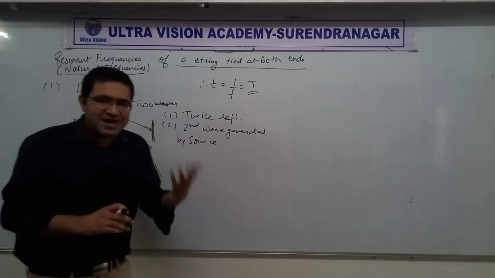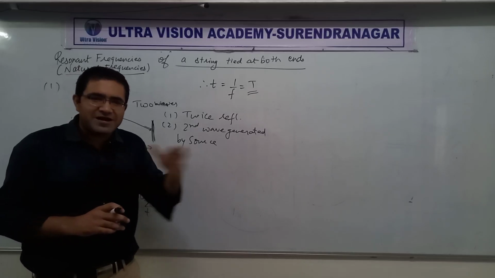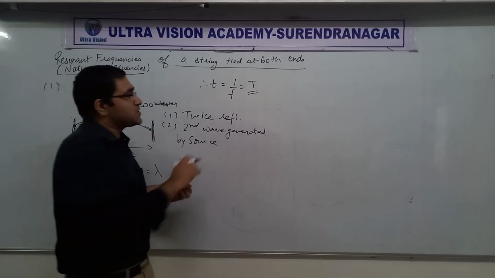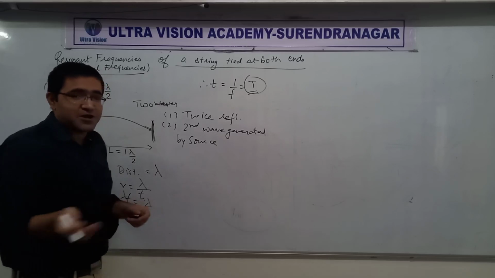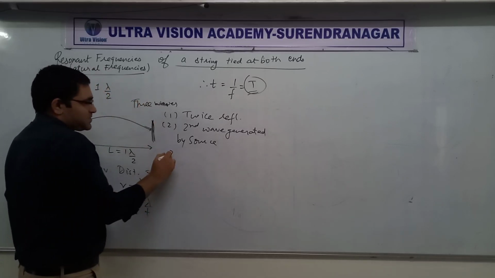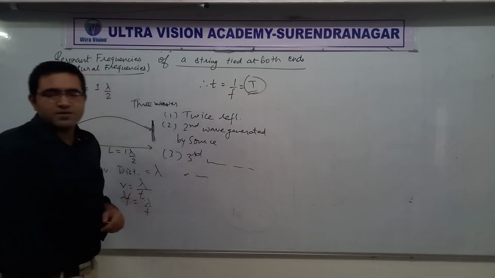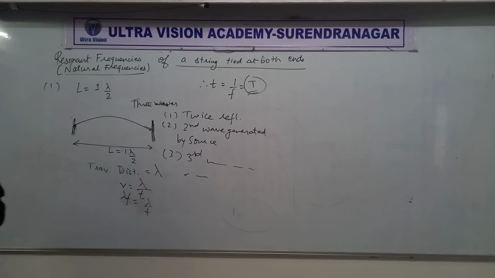Fine. What will happen then? Both these waves will go there, come back, and now they are ready to go back again. At that time, the source after one time period will generate a third wave. So the next time there will be three waves. Did you understand?